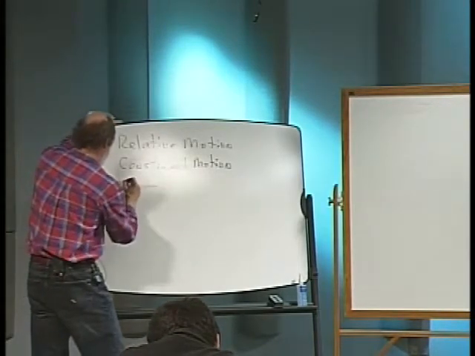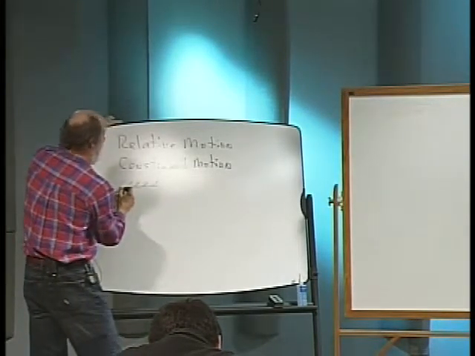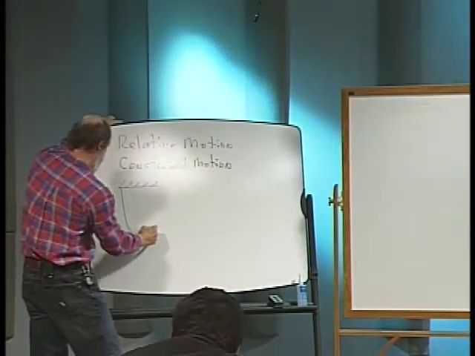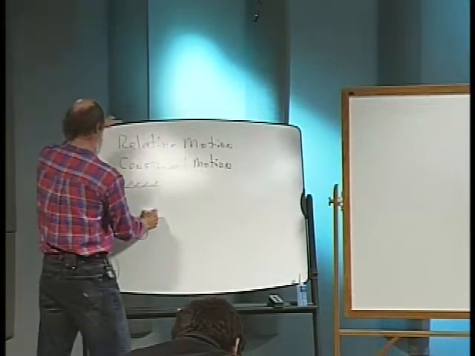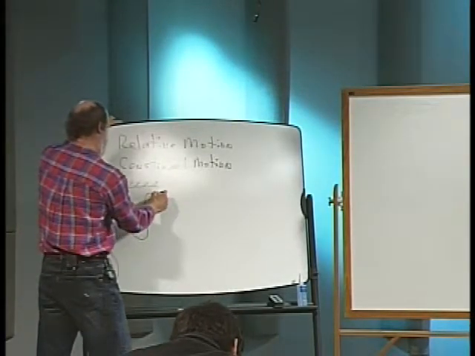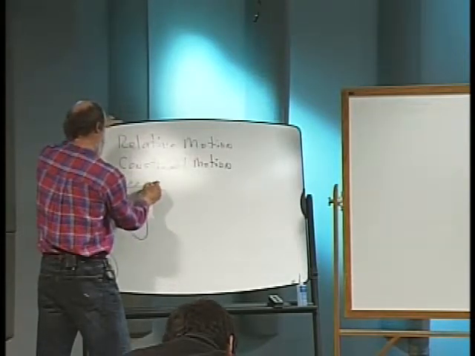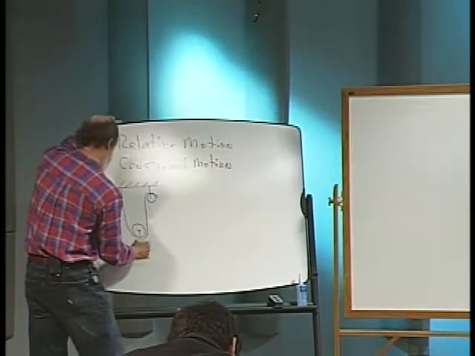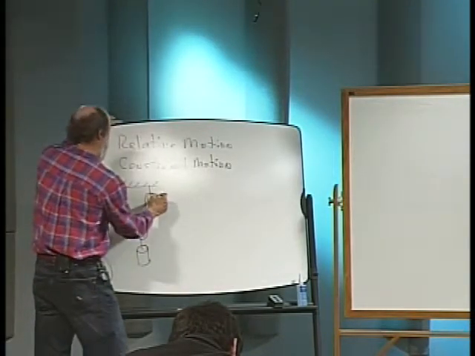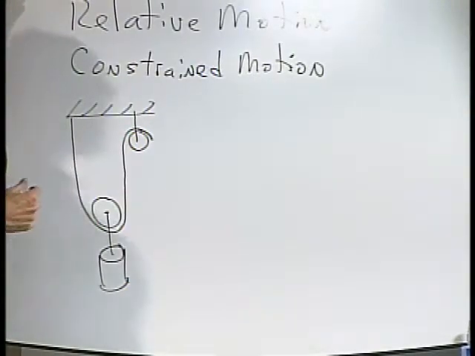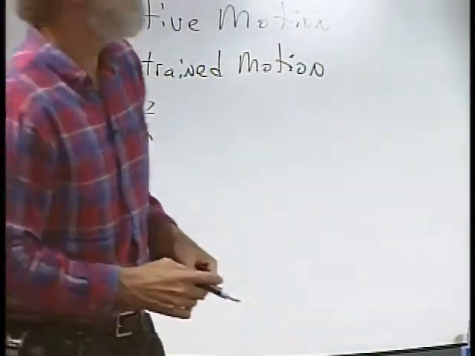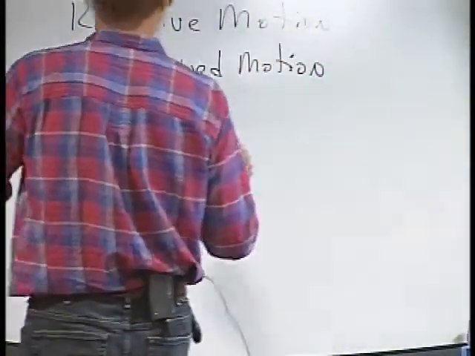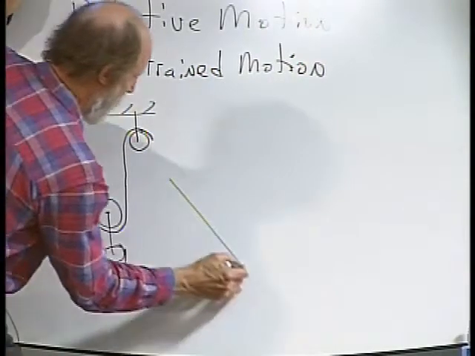So we have the fixed support at the top. Cable comes down, goes around a pulley, back up, through a support pulley at the top, and then wraps around that pulley, and heads down at an angle, no angle given, onto a ramp.